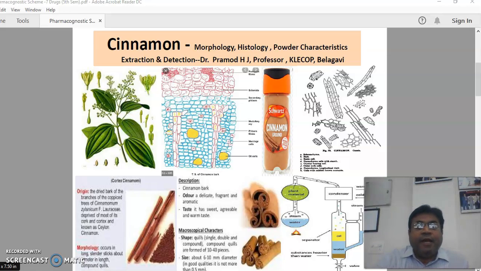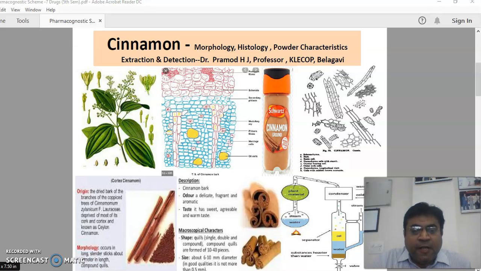Basically the Ceylon cinnamon is native to Sri Lanka, where it is cultivated and processed, and the inner part of the bark is dried and stored in the form of quills, like single, double as well as compound quills.